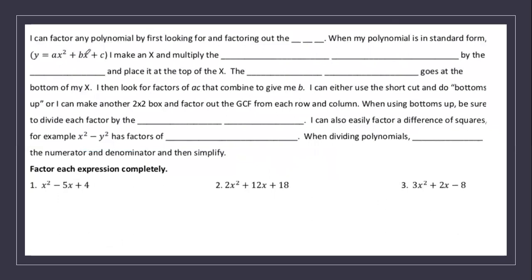Next, I'm factoring polynomials. So I can factor any polynomial by first looking at and factoring out the greatest common factor. When my polynomial is in standard form, y equals ax squared plus bx plus c, I make an x and multiply the leading coefficient by the constant and place it at the top of the x.